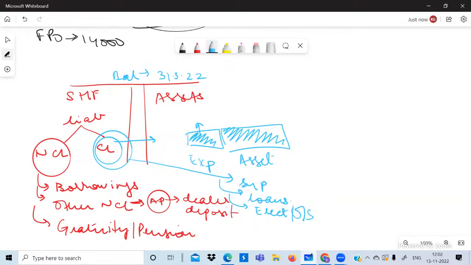And the total of the assets and the total of the liabilities has to be the same. So if my assets are worth 2 crores, the total of shareholders' fund and liabilities should also be 2 crores. So it has to balance, it has to tally. So that is why you call it a balance sheet. Any doubt with the balance sheet?